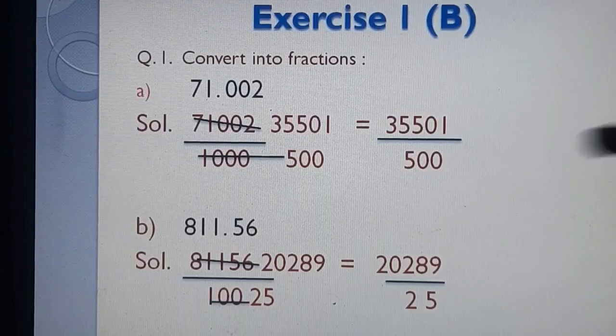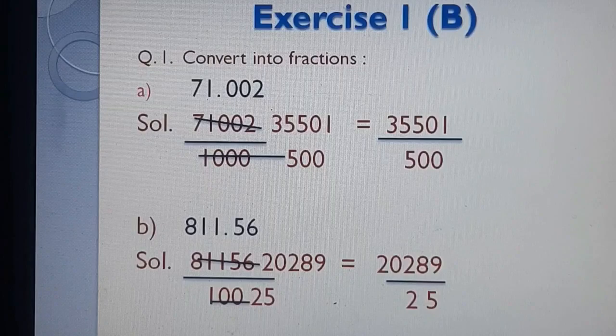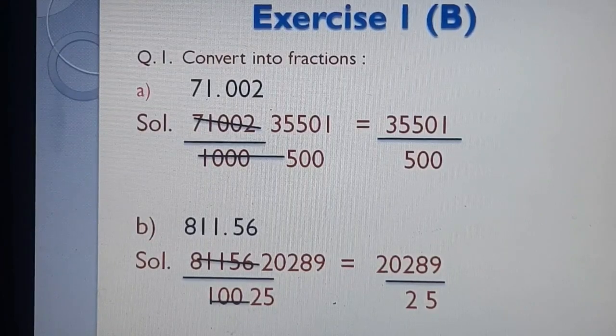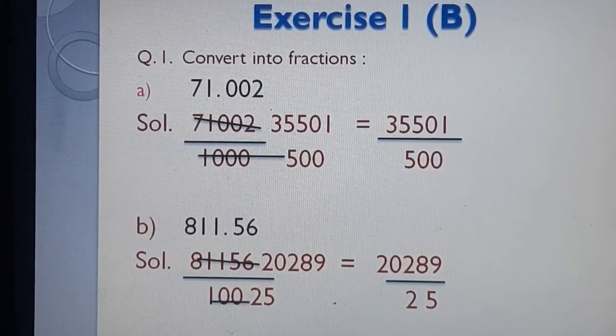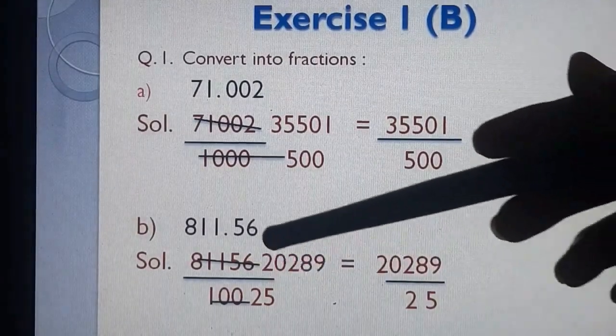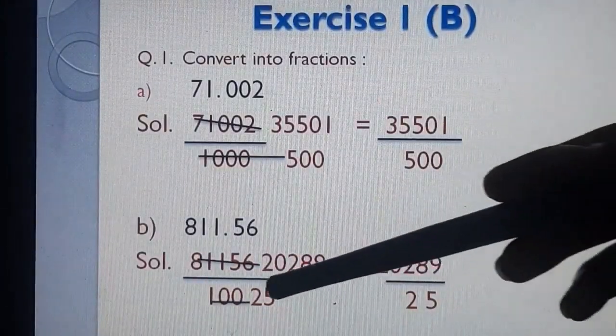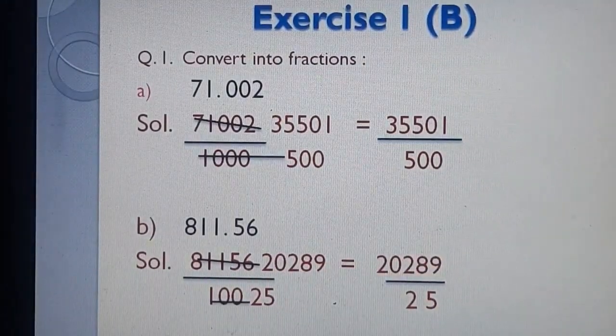Now again cancellation is there because both the numbers are divisible by 2 and also by 4. If we cut it with 2, we will cut in 2 steps, first with 2, then again with 2. Here I have done it with 4. 100 divided by 4 will give you the answer 25. Right?